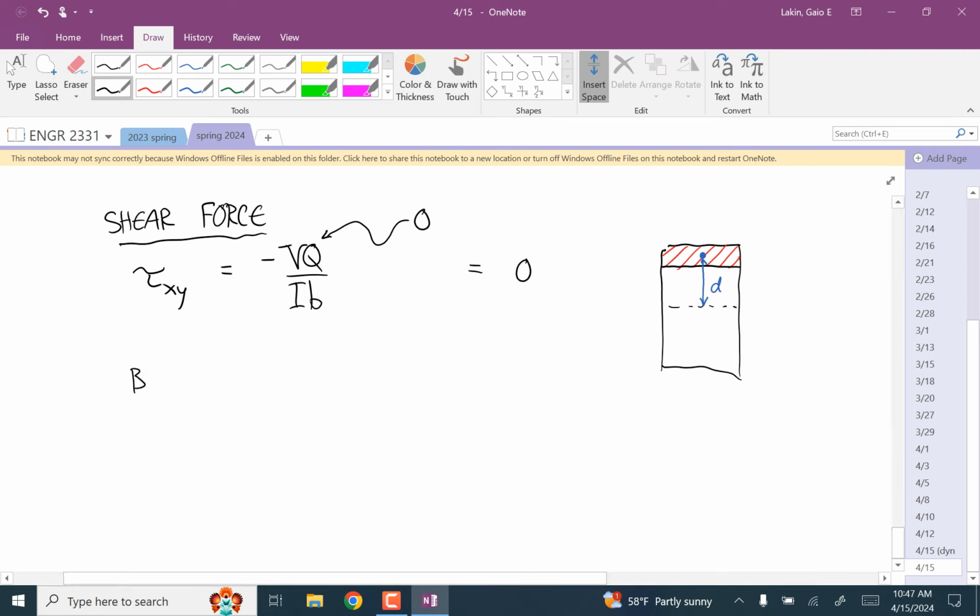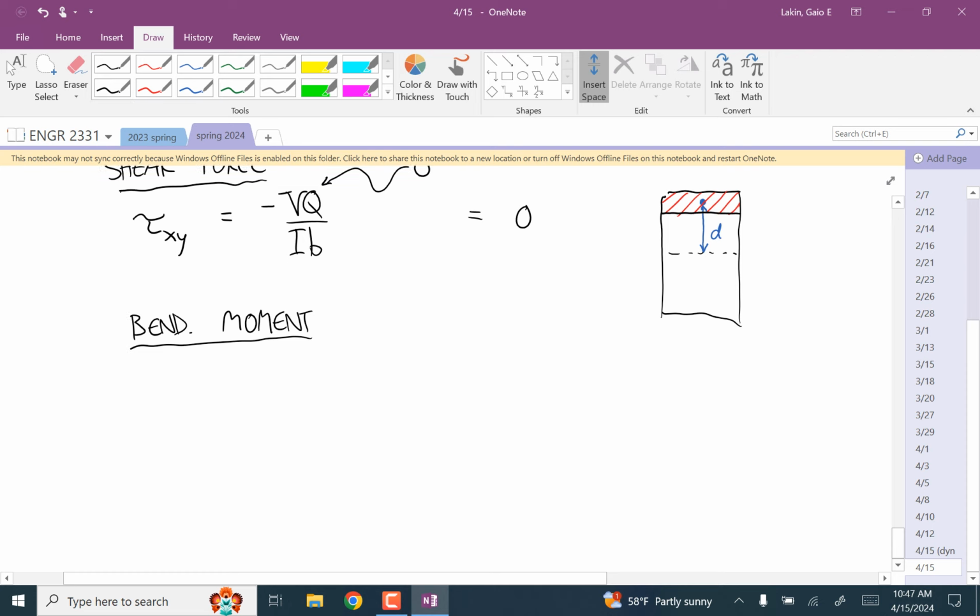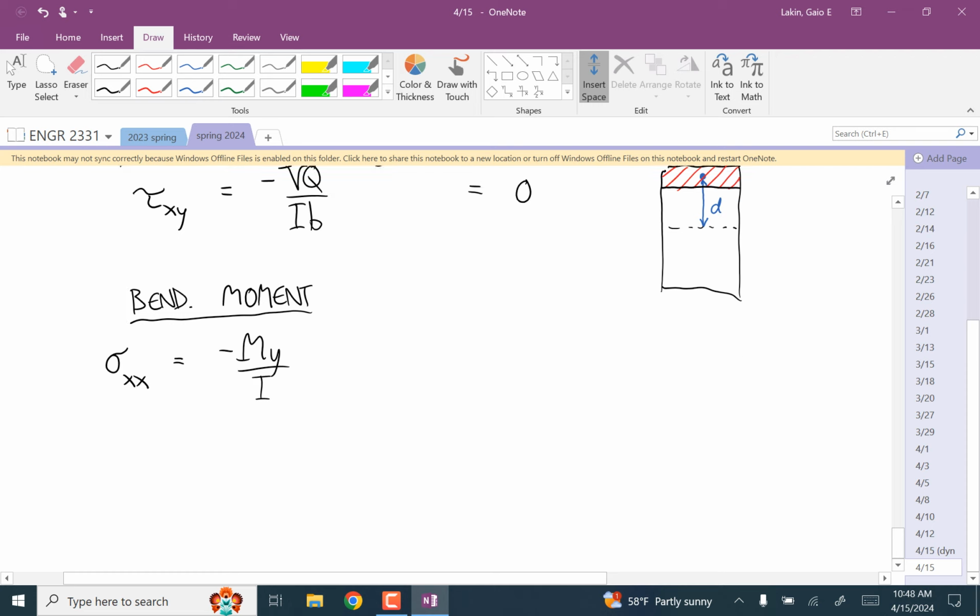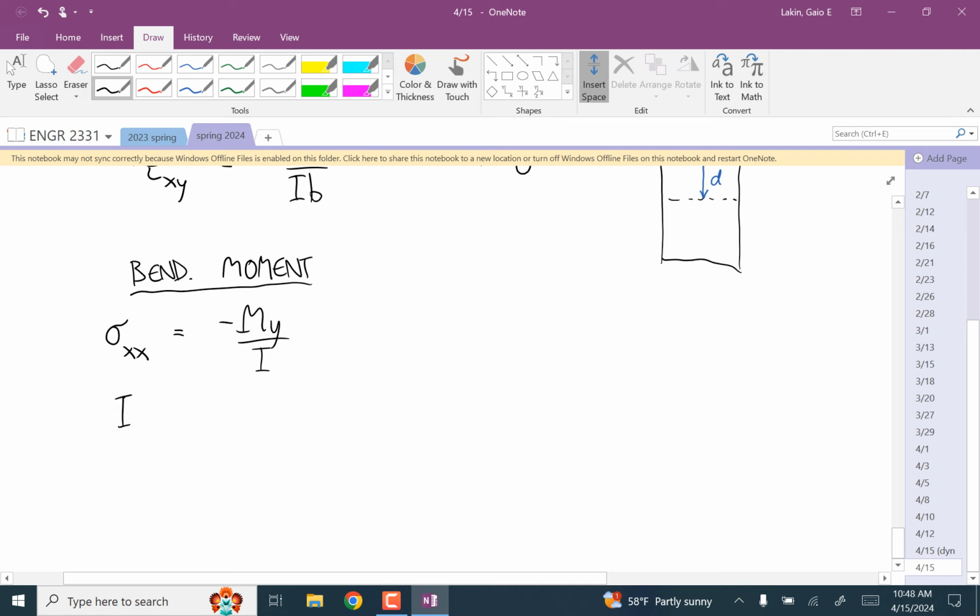And now bending moment. This is a normal stress, and it's equal to negative My over I. That area moment of inertia is 1/12 times the base times the height cubed.